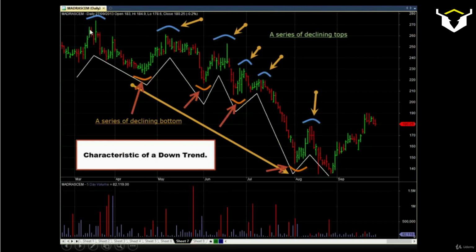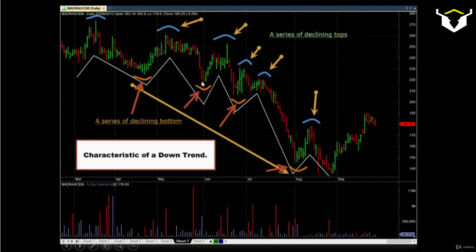Every time the market goes lower, breaks its previous bottom, it surges up but fails to sustain its upward momentum, comes down, makes a new low, surges up, fails to break its previous top, comes down, makes a new low, surges up, fails to go any higher, and finally breaks down to make a new low.